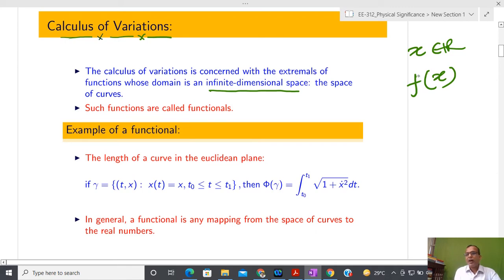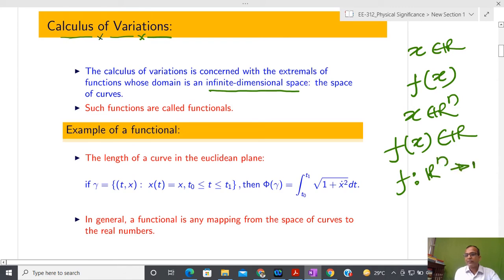Even if x belongs to Rn, I can still define a function f(x) that maps from Rn to R, and I am assuming the value belongs to R.